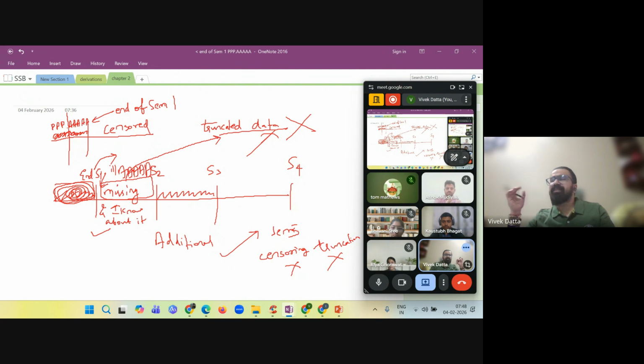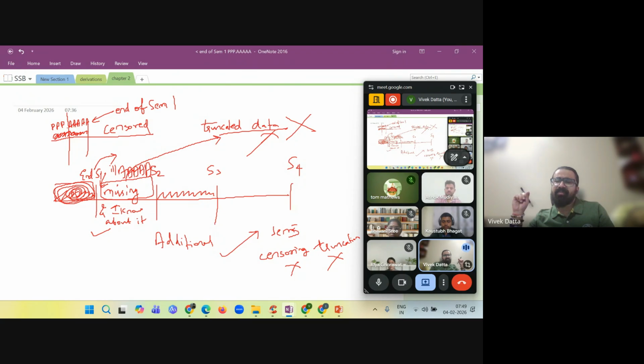Yes. For example, if I say I am trying to study recurrence of COVID-19. In that, death is a censored event if it happened for any other reason apart from COVID-19.